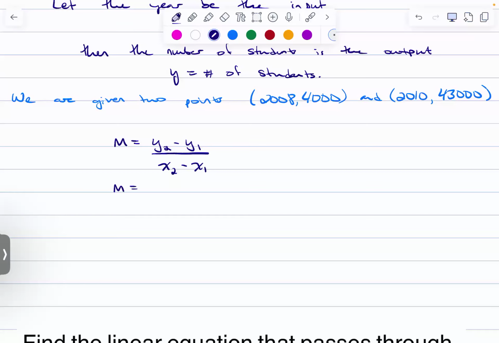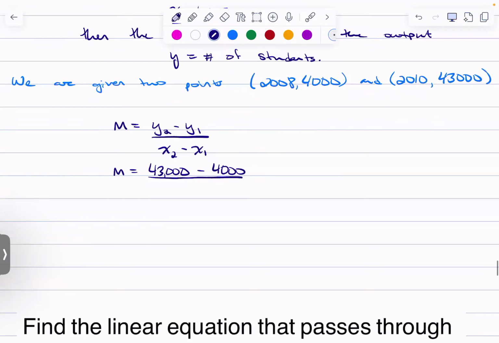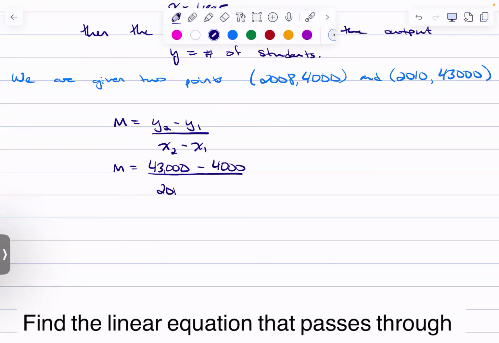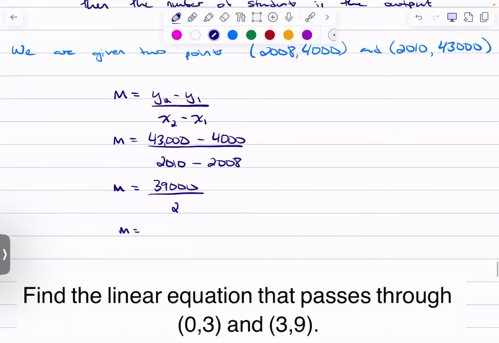But I get M is 43,000 minus 4,000, divided by 2010 minus 2008. 39,000 divided by 2. I do get this quite large slope of 19,500.